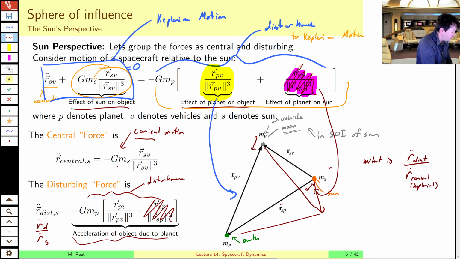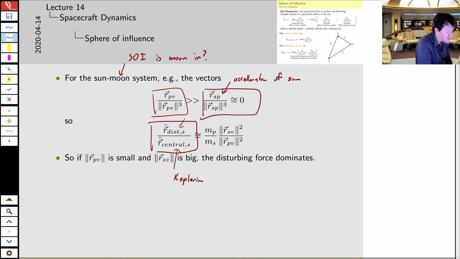We get MP divided by MS, and then we have a 1 over term here. Let's just drop the magnitudes here. We'll take the magnitude of these disturbances, and then we have R sun vehicle squared divided by R planet vehicle squared. So that's what we see here.